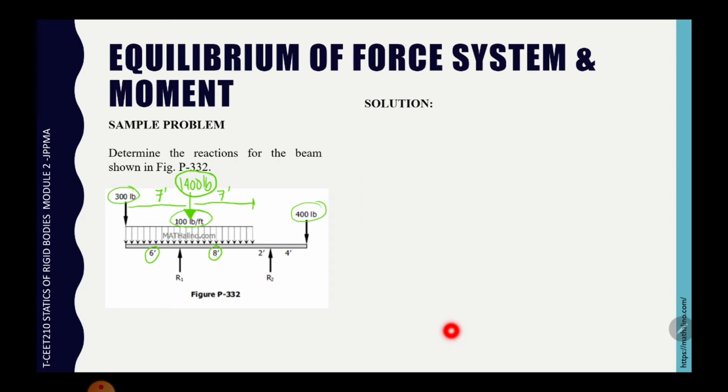So, para makuha yung resultant natin na R1 and R2, yung reaction, kailangan alam natin kung saan tayo magmo-moment, saang point tayo magmo-moment. Ang technique lang dyan is, kailangan natin humanap ng point na kung saan doon tayo magmo-moment para may makuha tayong value ng kahit anong reaction.